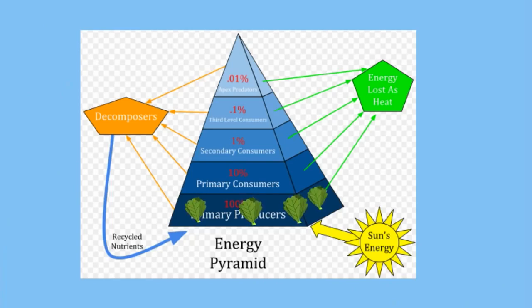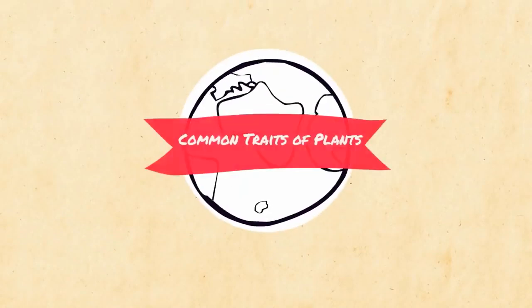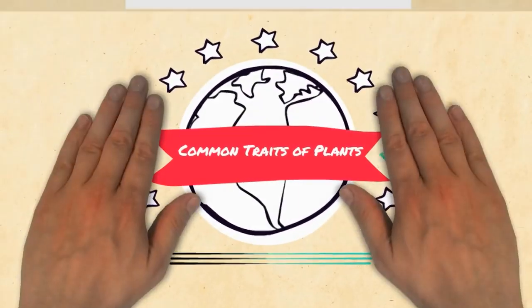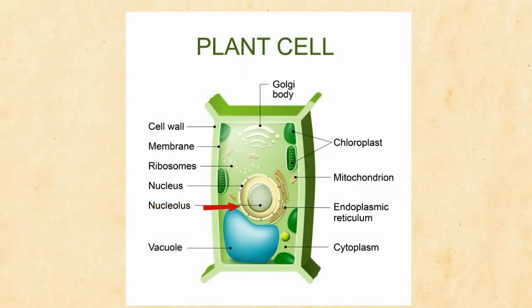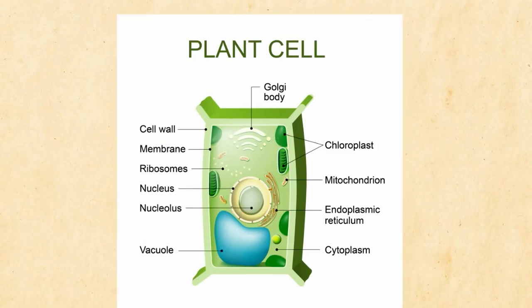Let's discuss a couple of traits that all plants have in common. First, since they are eukaryotic, they have a nucleus. The cells of plants have a cell wall made of cellulose. This cell wall provides protection and gives the plant cell shape. Plant cells also have a large central vacuole where it stores water and other materials.